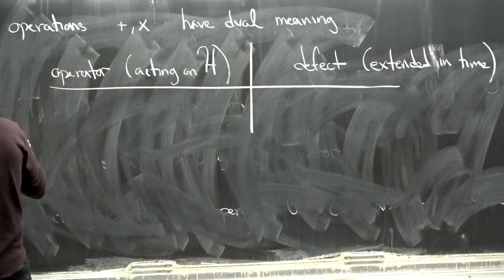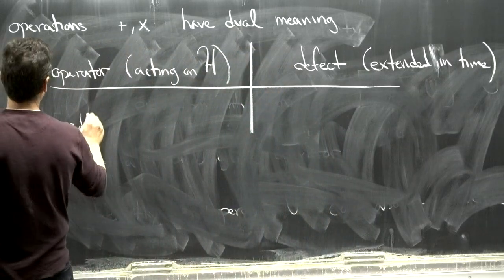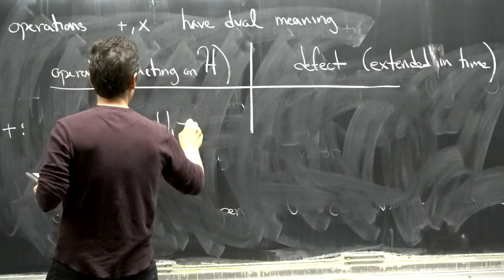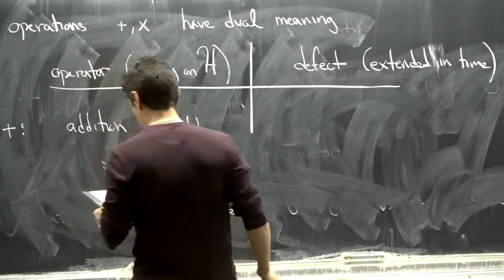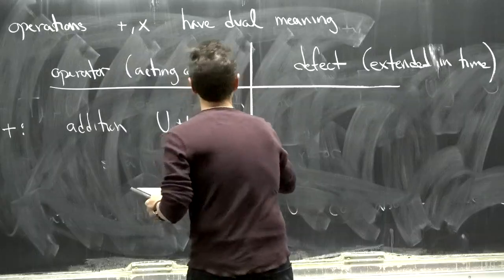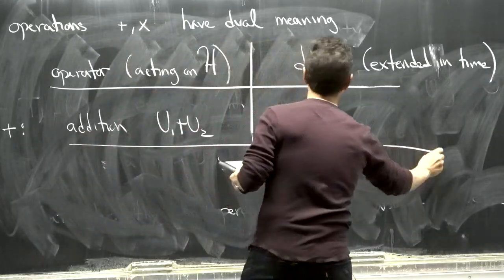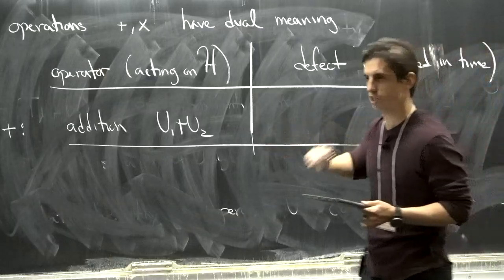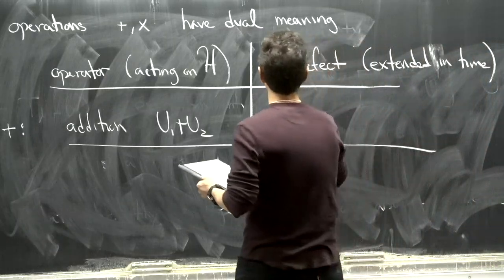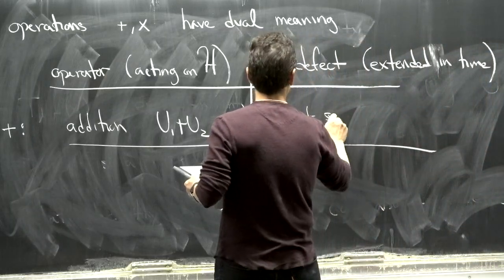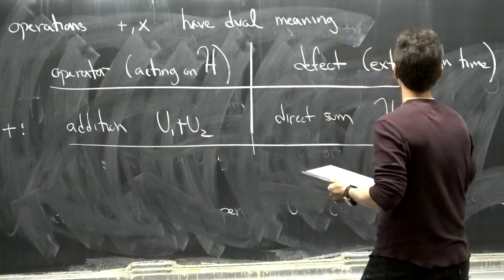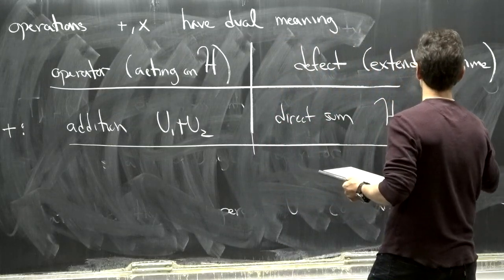So here, plus is just regular old addition. U1 plus U2. So these are operators, big matrices acting on Hilbert space, and we're talking about regular addition of them. And here it's direct sum. So HU1 plus HU2, suppressing sigma.